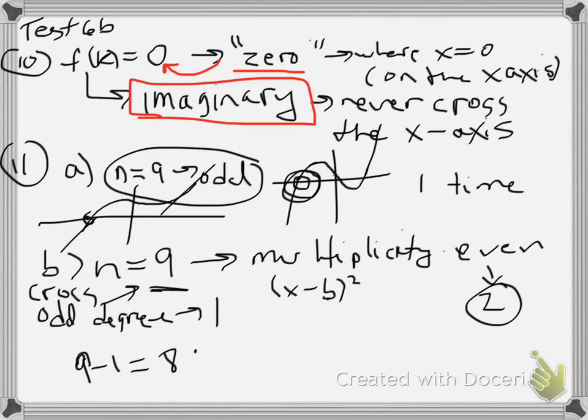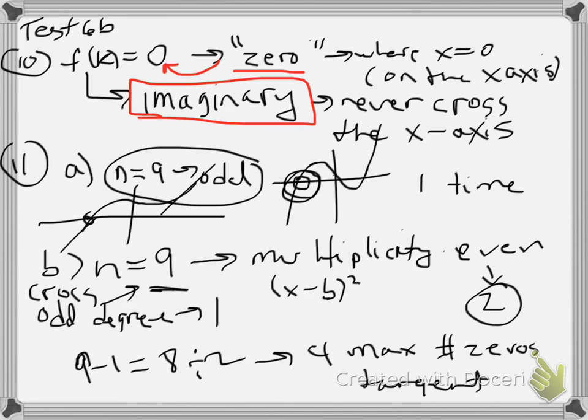If I divide 8 by 2, that gives me 4. That is the maximum number of zeros that are tangent. Remember, we use the lowest even number. We had to cross once, so we needed to subtract 1 and then divide by 2. That's kind of a tricky one.